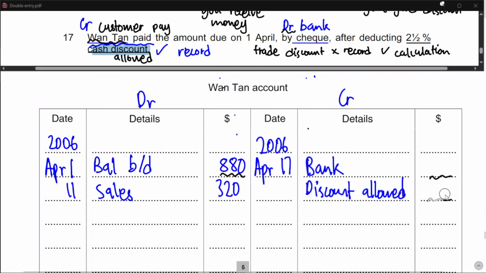This discount allowed will be 2.5% times this amount. So you get 22. So this minus this, you'll get 8858.